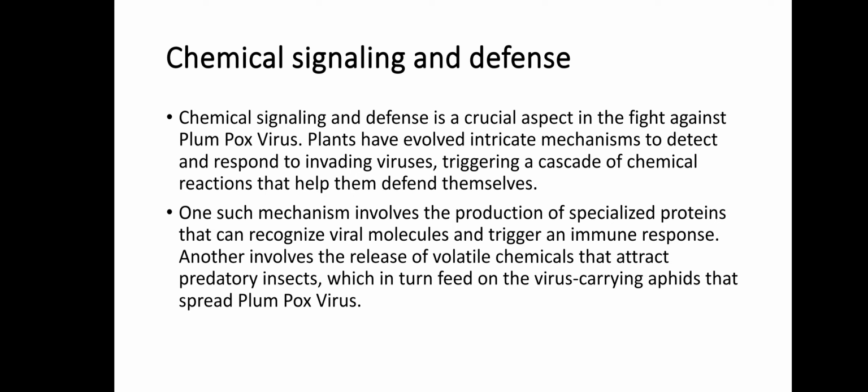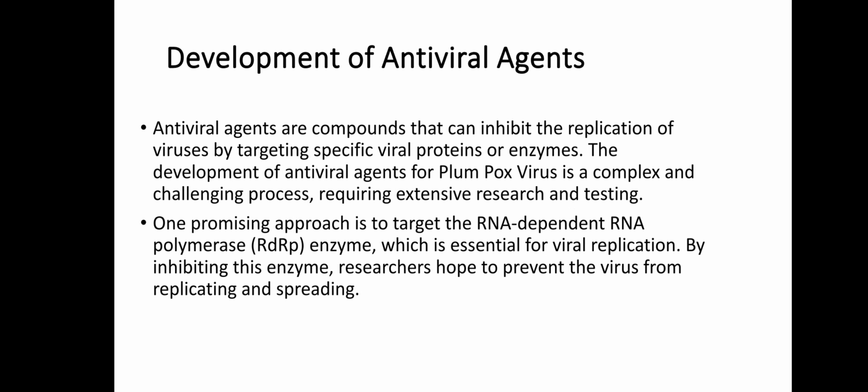One such mechanism involves the production of specialized proteins that can recognize viral molecules and trigger an immune response, and another involves the release of volatile chemicals that attract predatory insects, which in turn feed on the virus-carrying aphids that spread Plum pox virus.